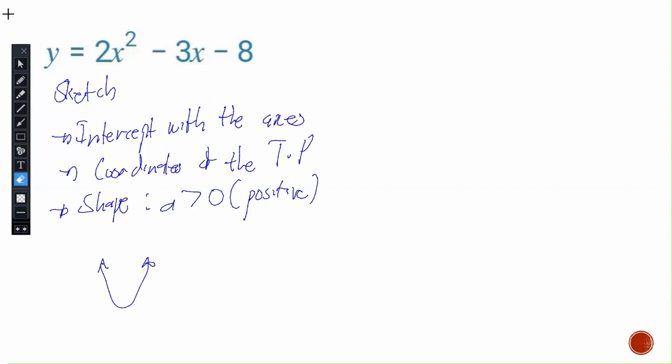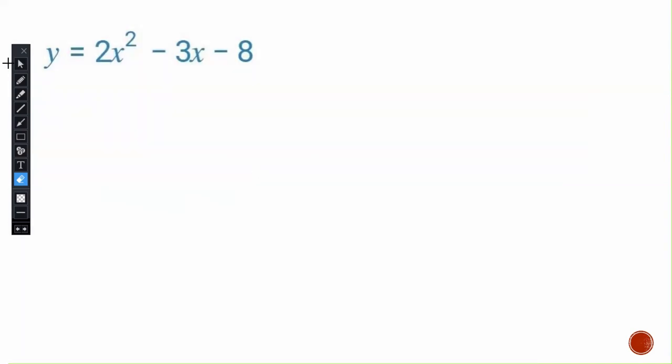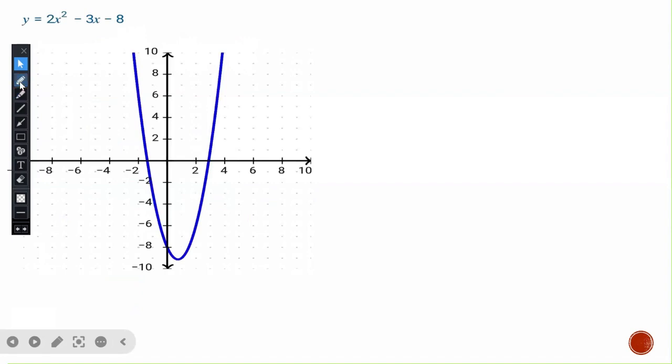So let's see how we were actually supposed to draw that one. So the sketch for that is as follows. So we can see the intercepts there. Remember, we found rational values, which we did write in decimals. So it's something along those lines. That was your negative 1.39 here.